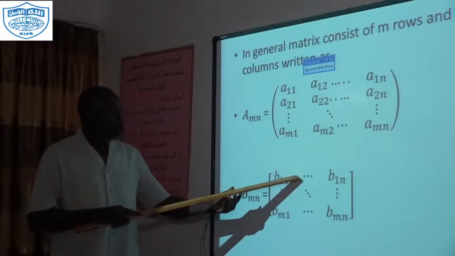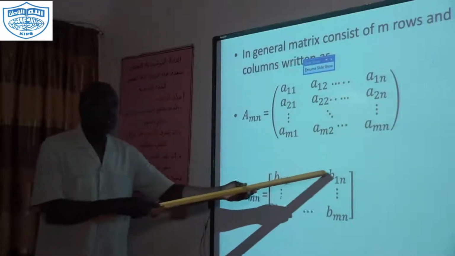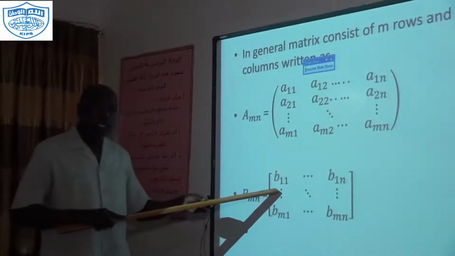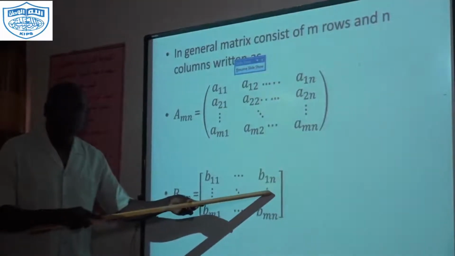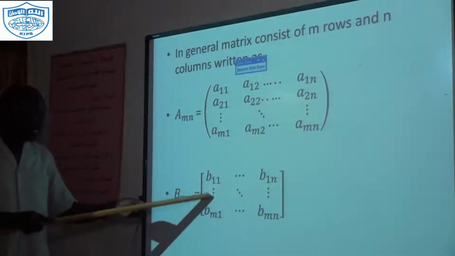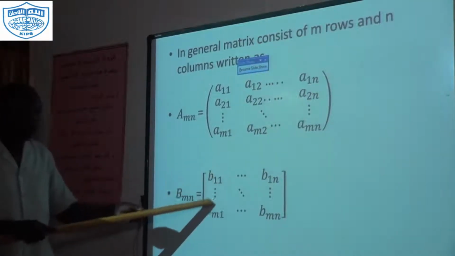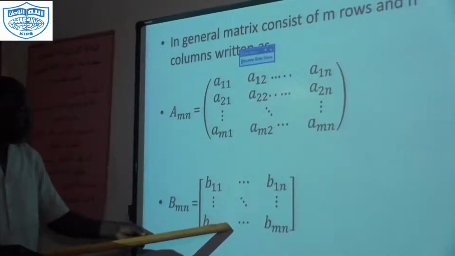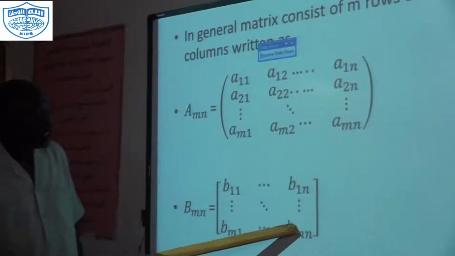B11, B12, B13, B14 up to B1n. This is the first row. The second row is B21, B22, B23, B24 up to B2n. The last row of this matrix is Bm1, this is the first column. The second column is Bm2, the third column is Bm3, up to the last one, Bmn.